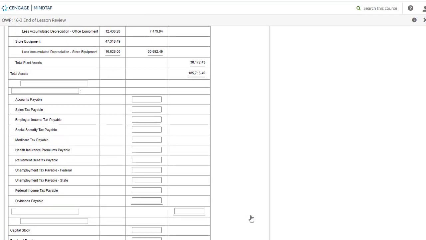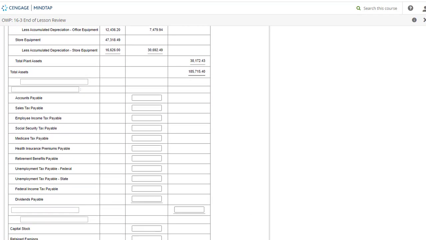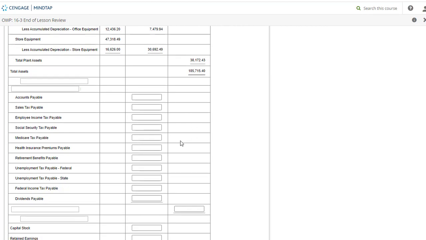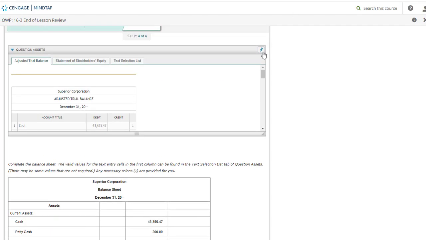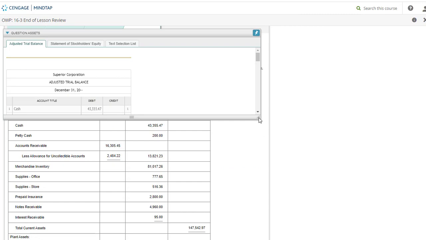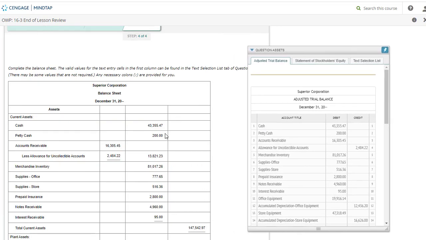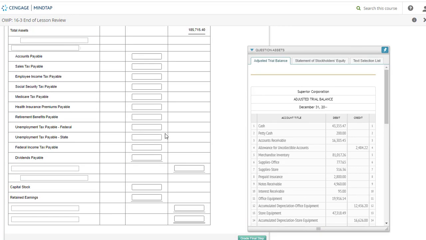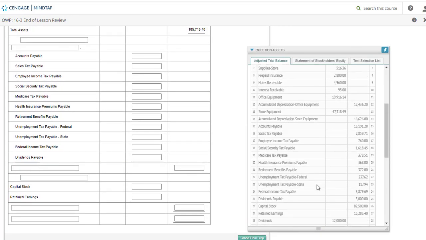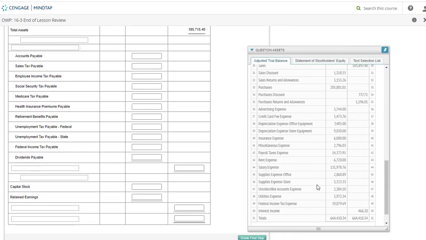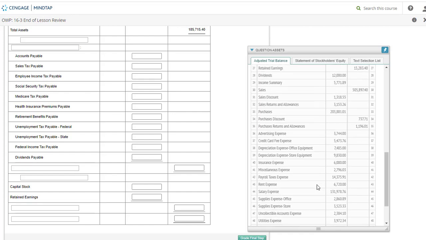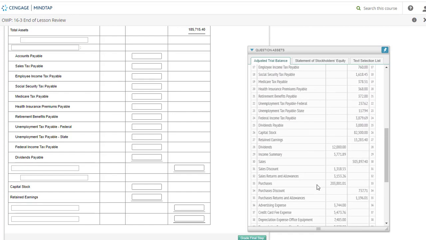And so now we're going to be looking at the liabilities. The liabilities is the first section that we're going to hit. And so our liabilities are our payable section.